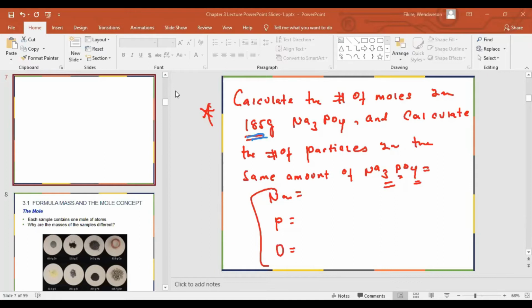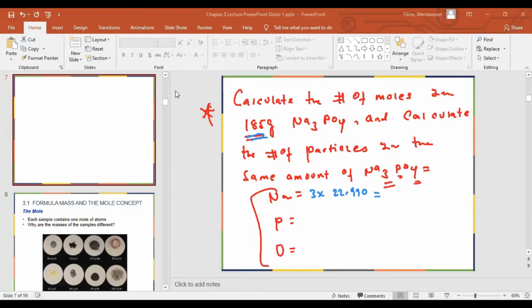Okay, sodium phosphate. Since we have 3 sodium atoms, we look at our periodic table and see that the atomic mass of sodium is 22.990. So we multiply 22.990 times 3.